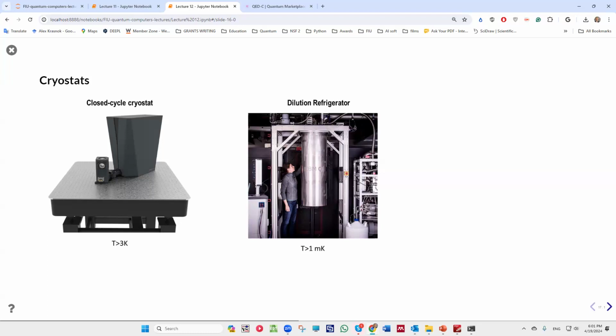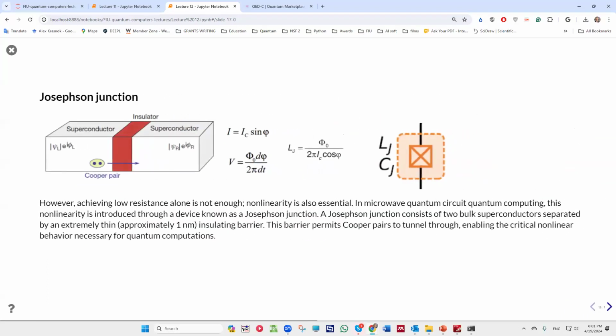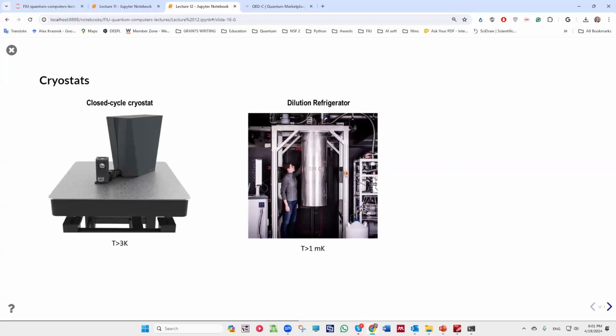And typical quantum computers today work around 10 millikelvin, which is almost zero temperature. At the same time, the system is much larger, much bigger, and much pricier. So yes, only giant companies like IBM or big national labs can afford something like this.